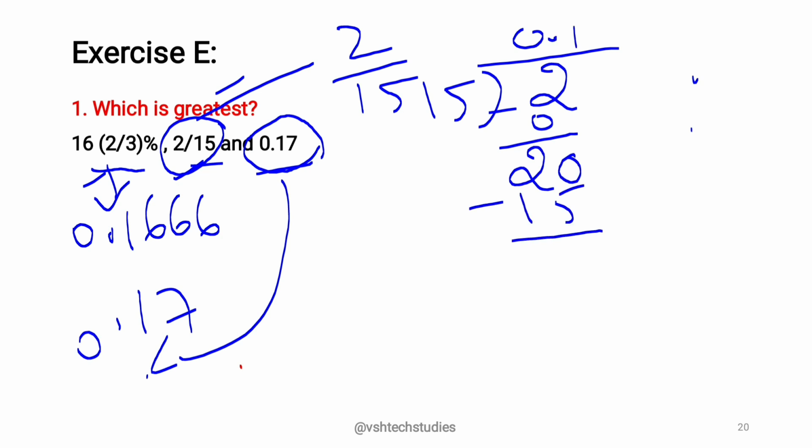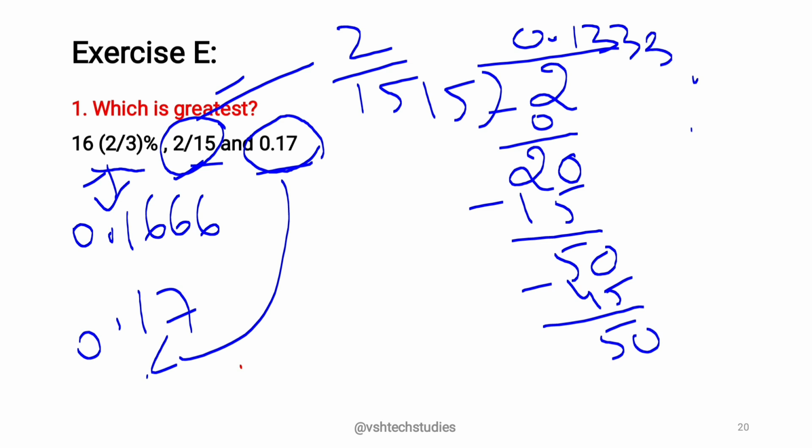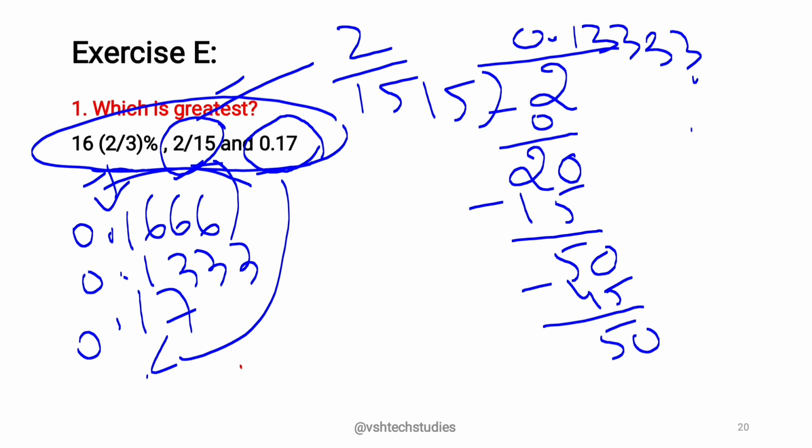So 20 minus 15, 5 is left. 1 more 0, 15 threes are 45. 50 minus 45, again 5 is left, taking 1 more 0. And this is continued this way. Hence, this 2 by 15 is 0.133.